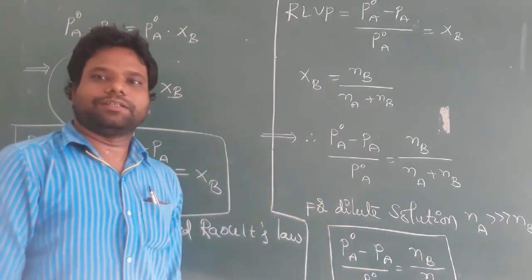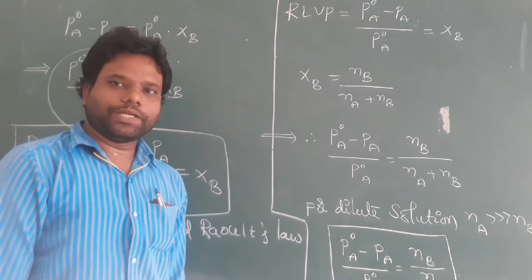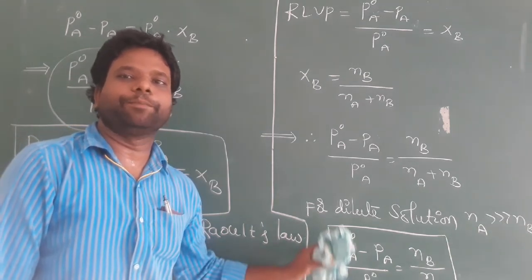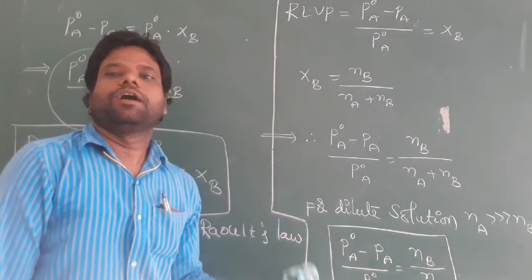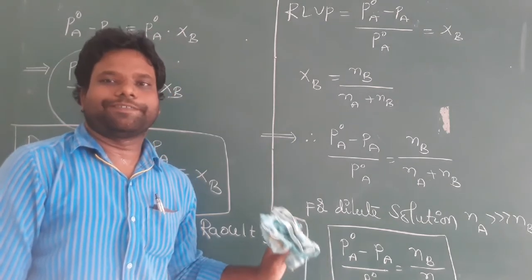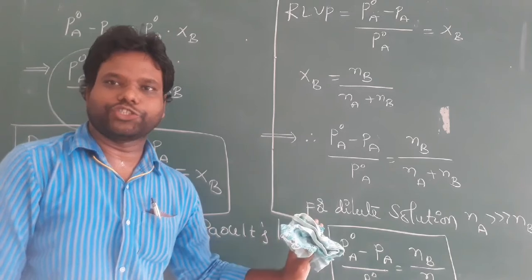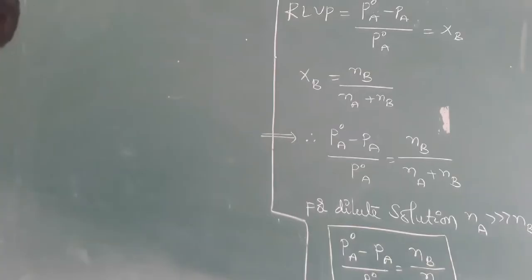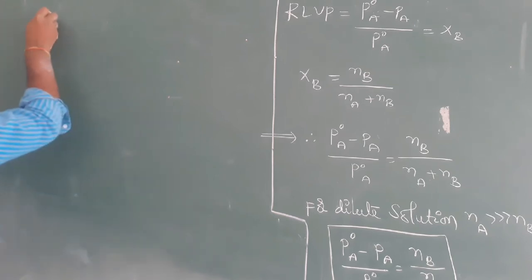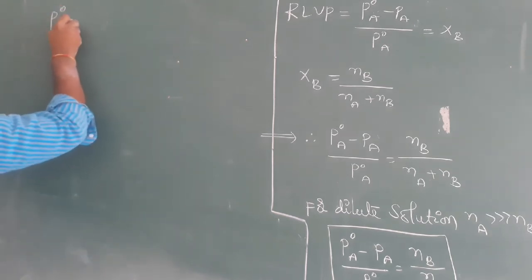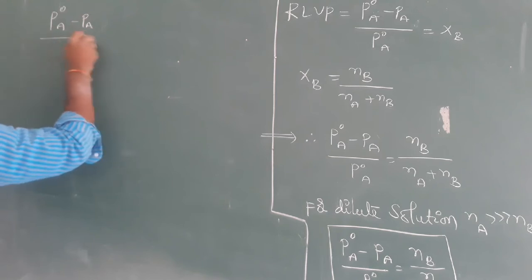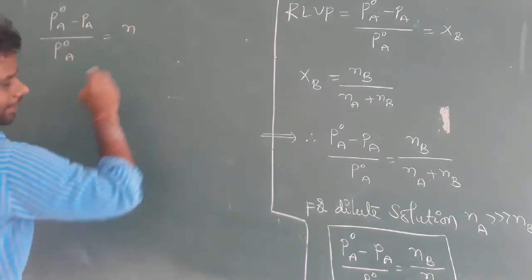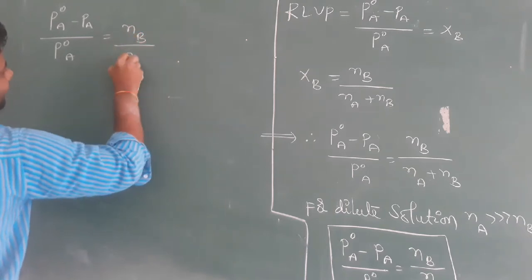So this is for relative lowering of vapor pressure, which is one of the colligative properties which depend on the number of solute particles like ions, molecules, moles, mole fraction, but it does not depend on the nature of the solute particles. Now look here, P naught A minus PA by P naught A is equal to NB by NA.